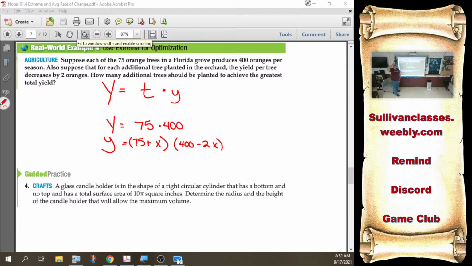It's a quadratic, right? Because I have two x's in there, I'm going to multiply this out. Now, you can just type it exactly like this in your calculator.